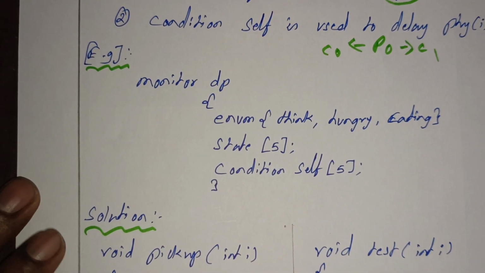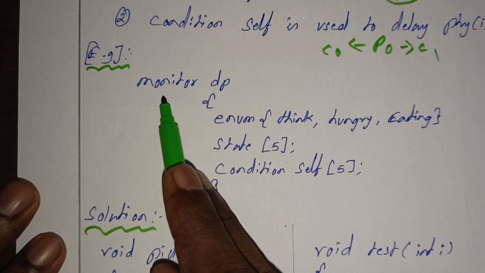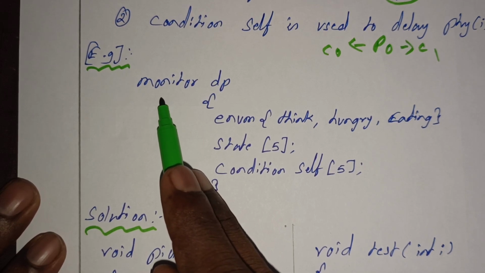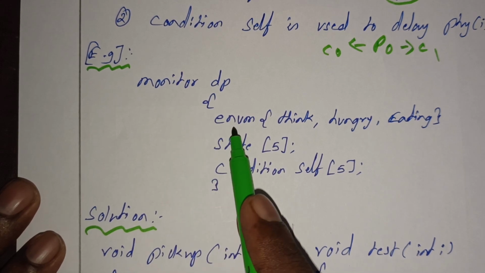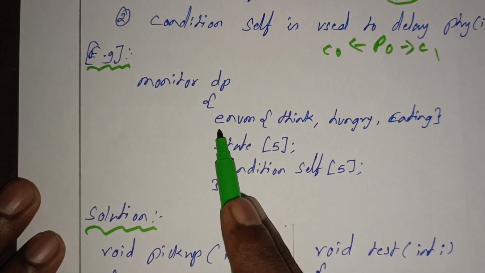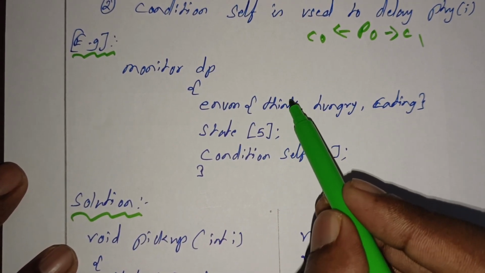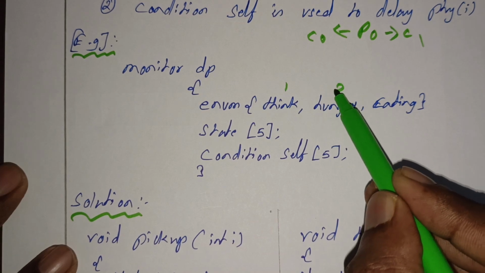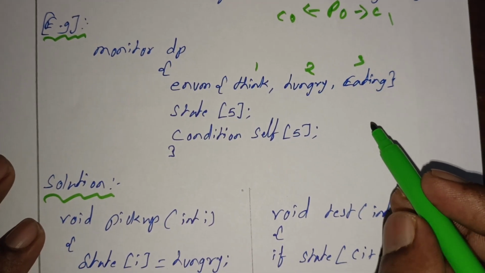Here we are going to see how this monitor dining philosopher works. It works with one particular data type called enum. This enum will have three values: number one, thinking; number two, hungry; number three, eating.